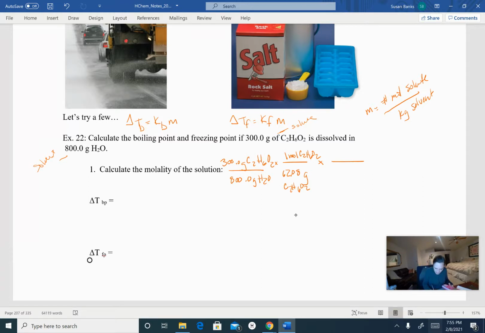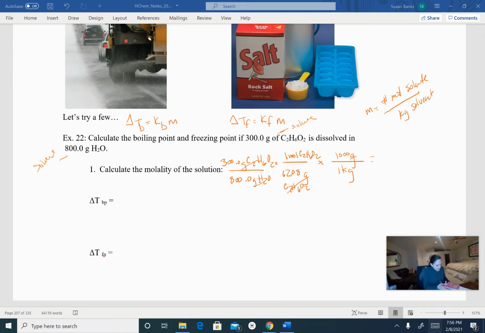Now I need to get kilograms. So grams to kilograms, I have 1,000 grams in 1 kilogram. Okay, so grams are canceled. My grams of C2H6O2 are canceled. I have moles per kilogram. So let's do some calculations now.